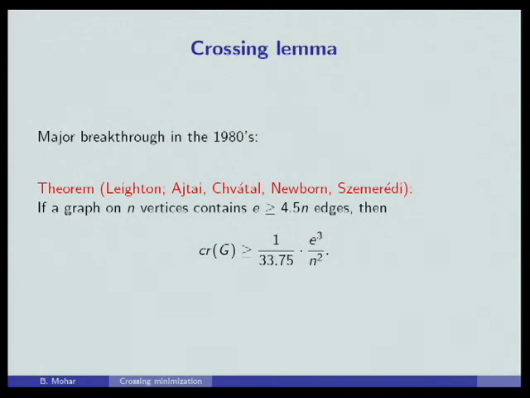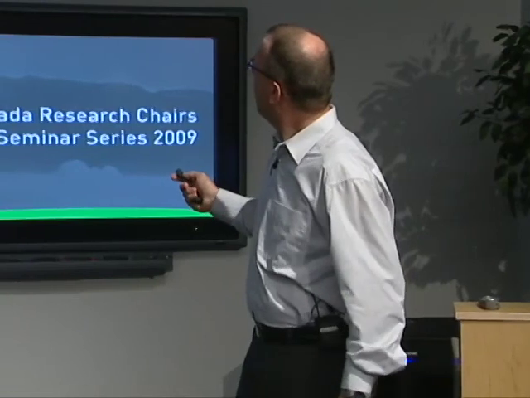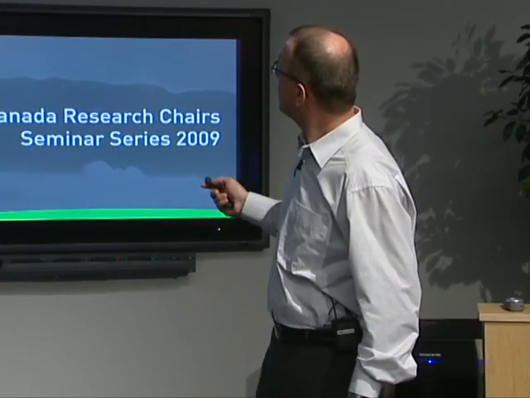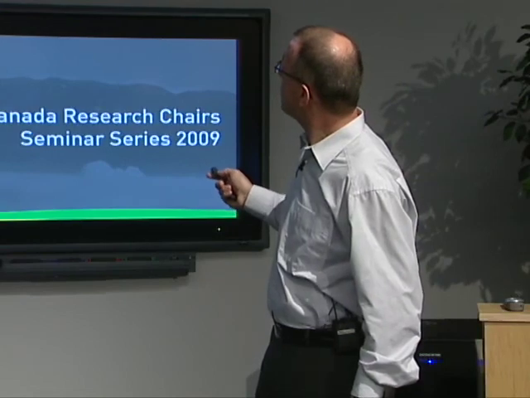It says the following: if you have a graph which has lots of edges, above a certain bound, let's say at least 4.5 times n edges, this 4.5 could be decreased to 4 times n, I guess, then the crossing number is really large. Really large means something like the number of edges cubed divided by n squared, and this is the right order of magnitude.